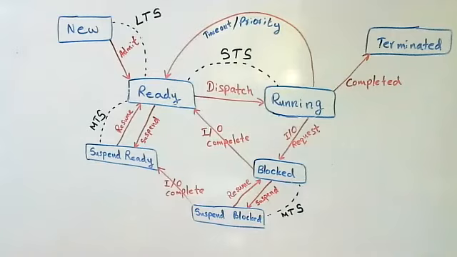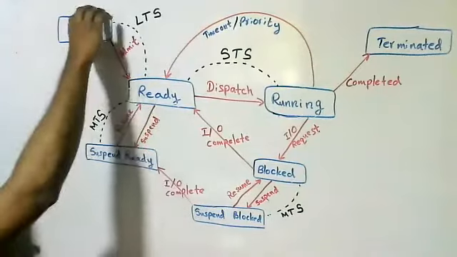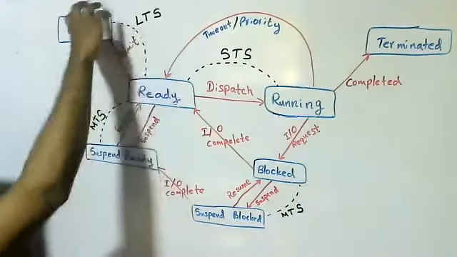Students, don't you have a question why those schedulers are called long term, short term, and mid term? Don't you have a doubt why it is called long term, short term, mid term? Right, I'll explain it quickly. Here, this happens after a long time.